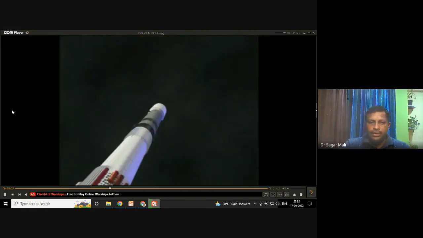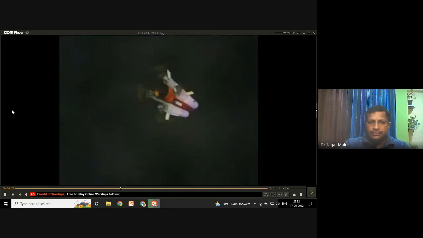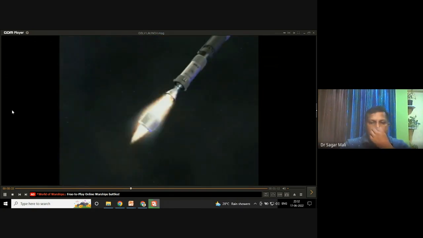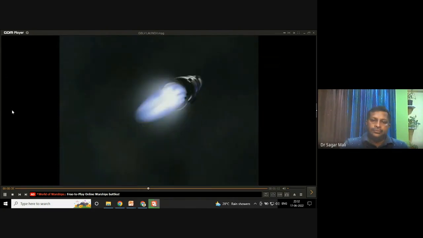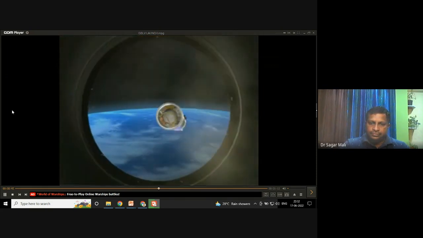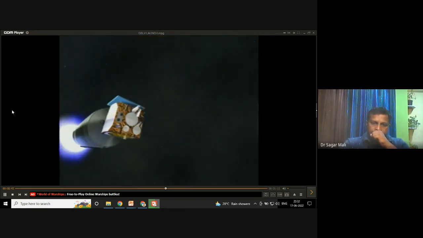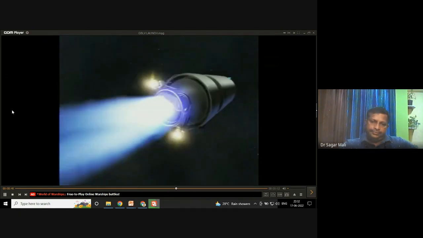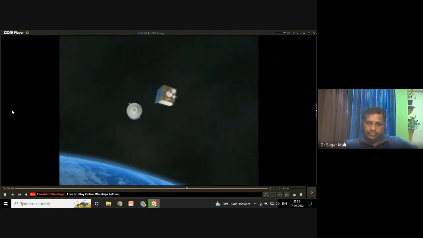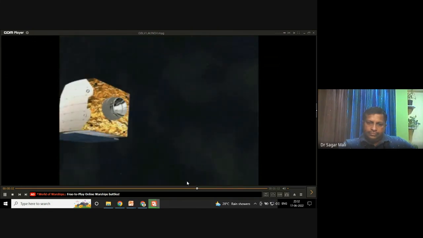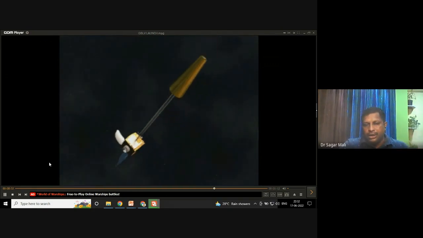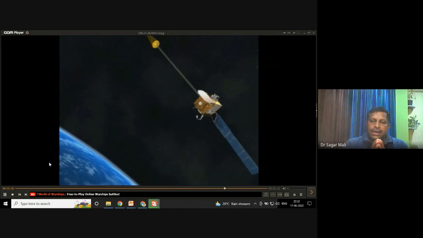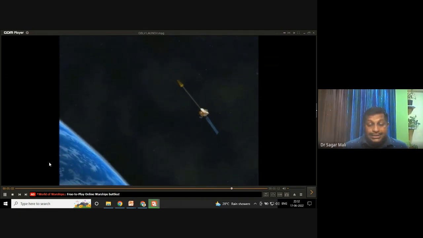This is a very powerful launching vehicle developed by India. We are very independent in launching our own satellites. At the top, there is a satellite. When it reaches its defined orbit, the satellite automatically gets separated from the launching vehicle. It is put into its own orbit and starts functioning by itself.